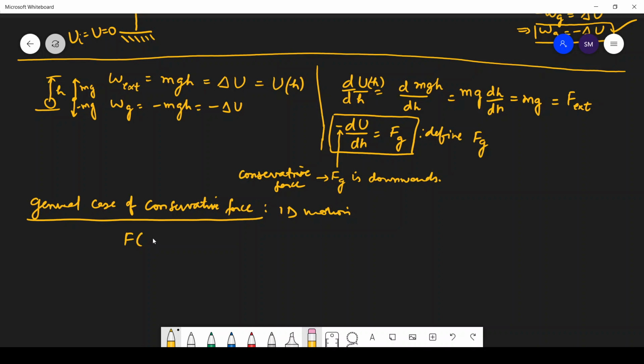Instead of h, I'm writing it as x. So Fx is equal to minus dU by dx. I have rewritten it. Instead of h, it can be along the x-axis also, any direction. So this is a conservative force.